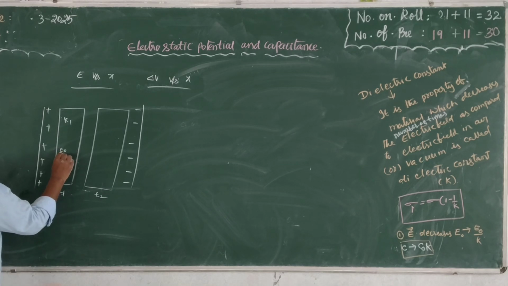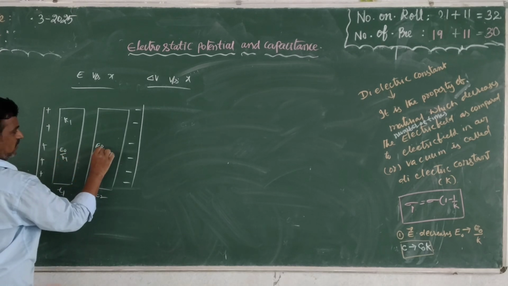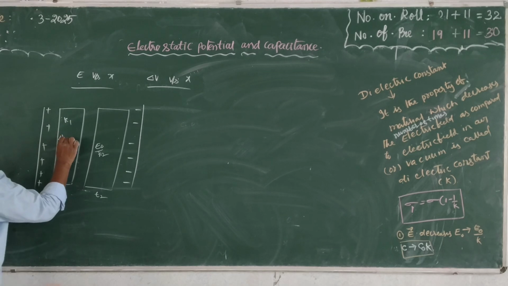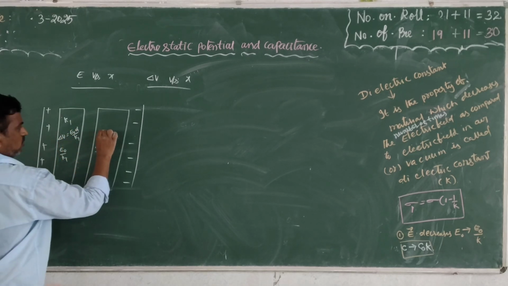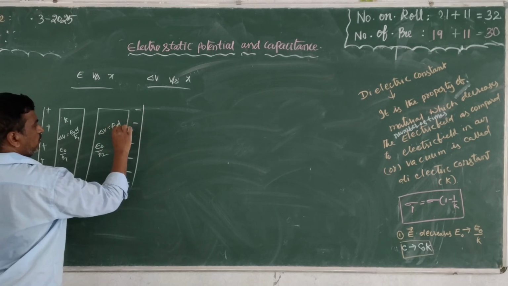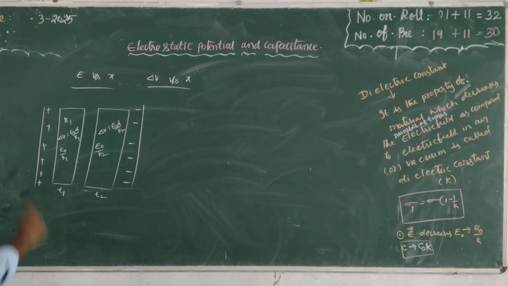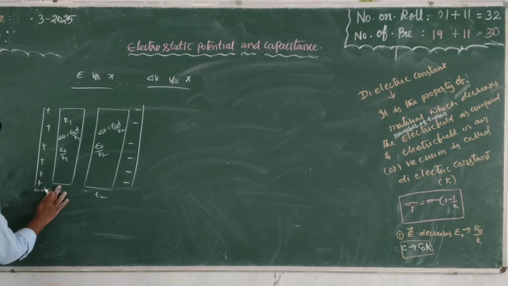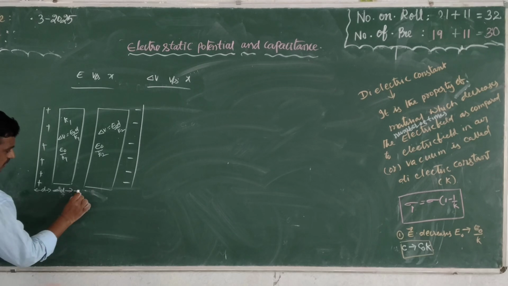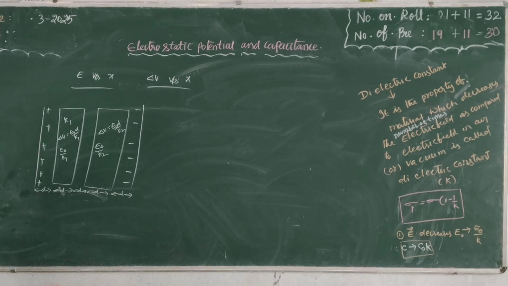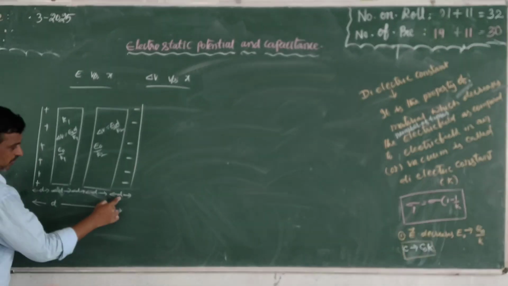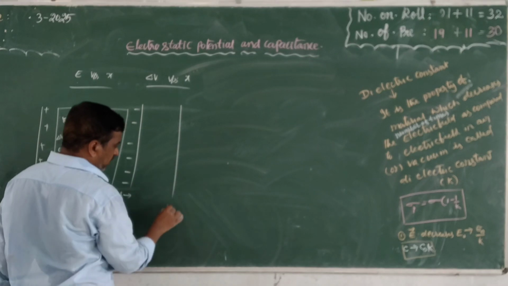Its electric field is E naught by k1, and its electric field is E naught by k2, so the change in potential is E naught d by k1, and E naught d by k2. Here we can take the distance d. Here d, here d, here d, here also d. See how many there are in total: d, 1 2 3 4 5. So 5 d's.